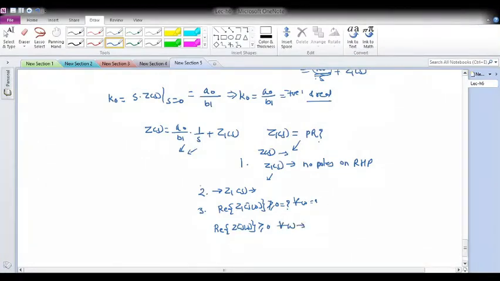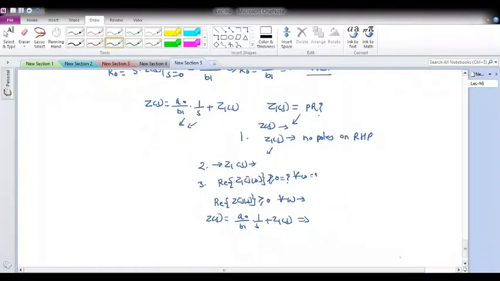Okay, and then what we have done, we have removed the pole at origin, where z of s was a0 by b1 into 1 over s plus z1 of s. The real part of 1 over j omega is 0, because this is purely imaginary, there is no real part here.